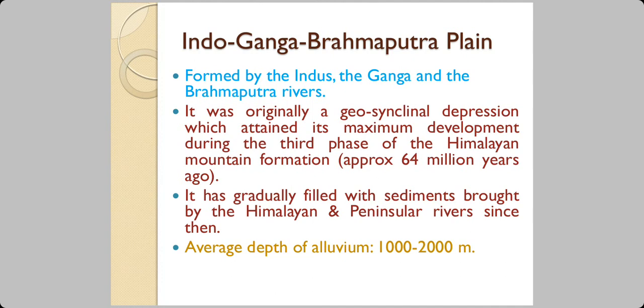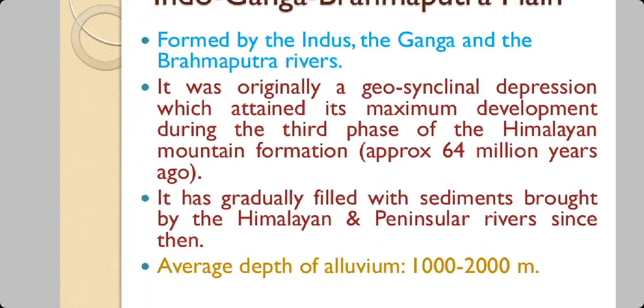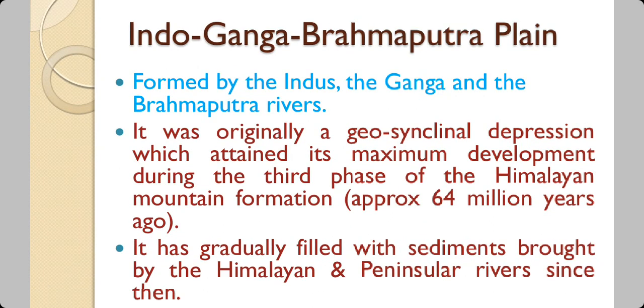Now the Indus Ganga Brahmaputra plain has been formed by the Indus, the Ganga, and the Brahmaputra rivers, and it was originally a geosynclinal depression which attained its maximum development over the third phase of the Himalayan mountain formation, having a timeline of some 64 million years ago. When we say syncline, that means a depression.